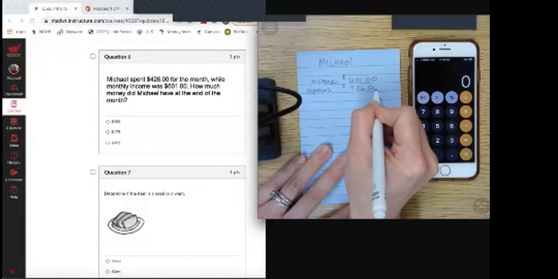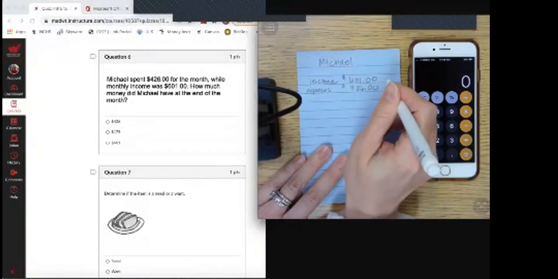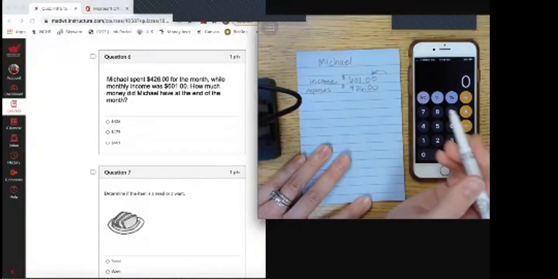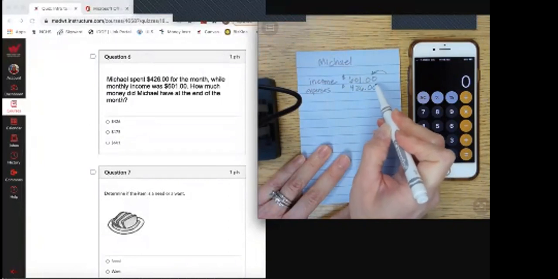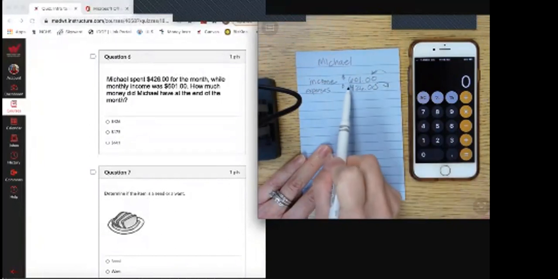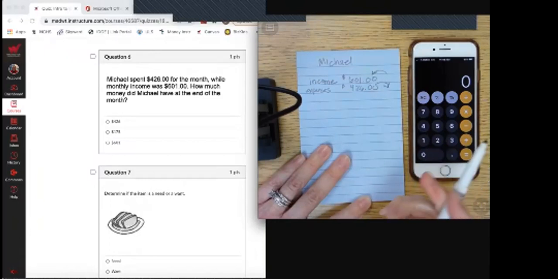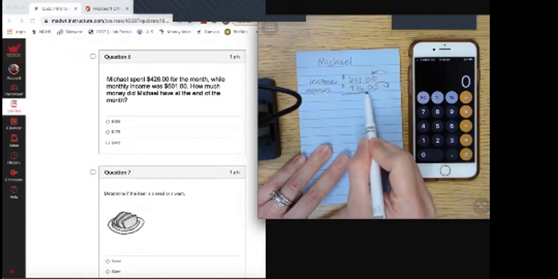Okay, so his income, that's money coming in, and then expenses is money going out. So his income was 601, his expenses were 426.